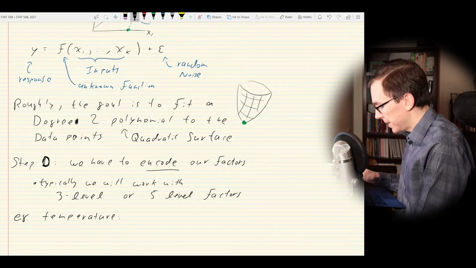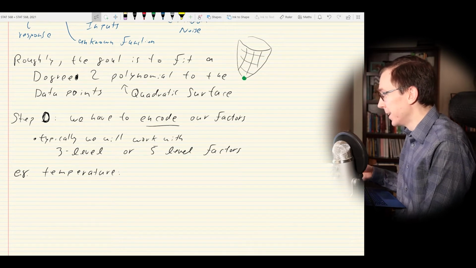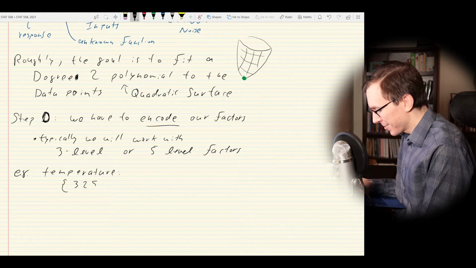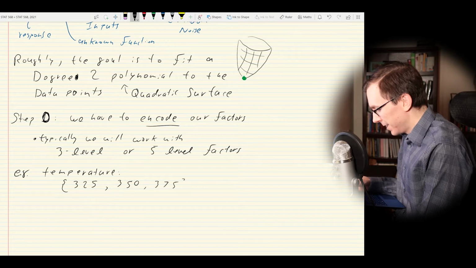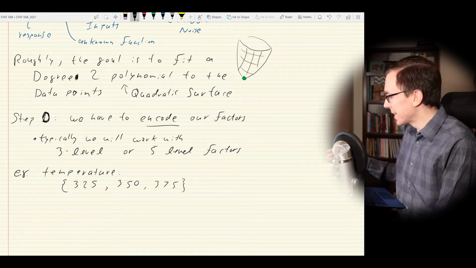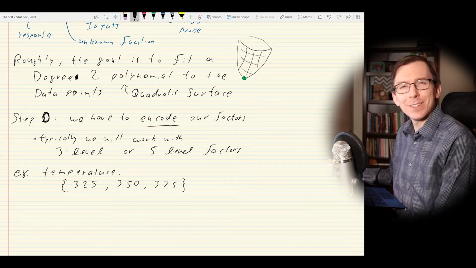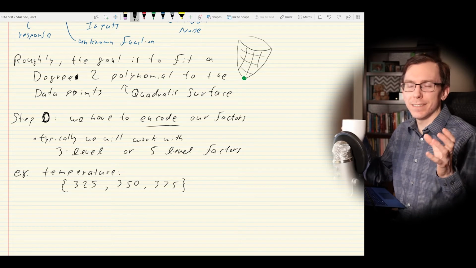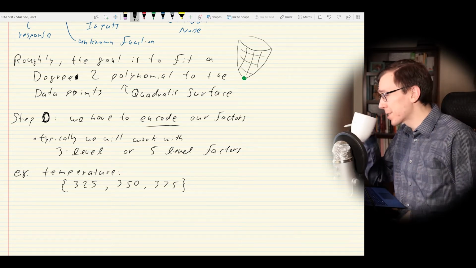Like I said, let's say we want to set our oven temperature. We could set our oven temperature in Fahrenheit to 325, to 350, or to 375. Like when we were looking at that cake experiment data in one of the assignments. Yeah, I think that was an assignment I gave you, the cake experiment data where you have different oven temperature settings.